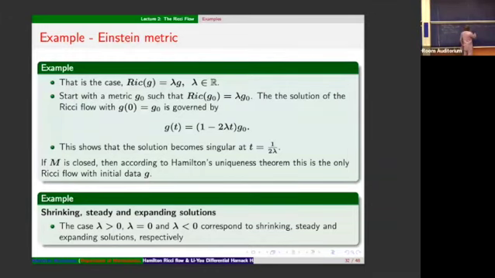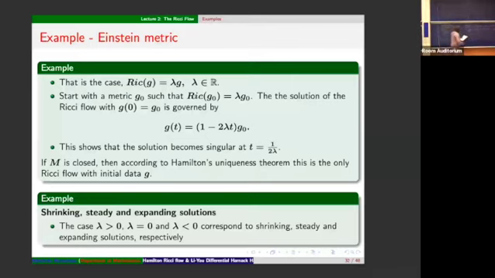So by that, you have alpha prime of t, the derivative of alpha with respect to time, times G naught. Then from the definition of Ricci flow, this should be -2 Ricci of G_t. That's the definition.